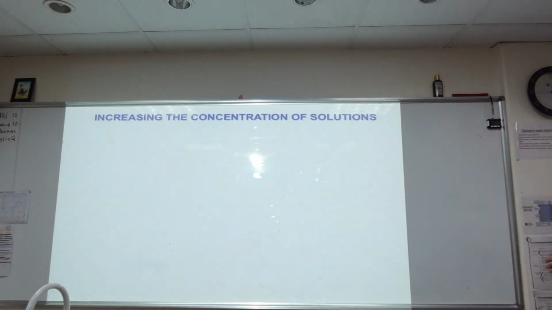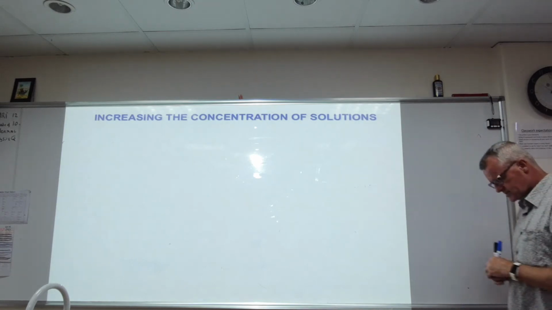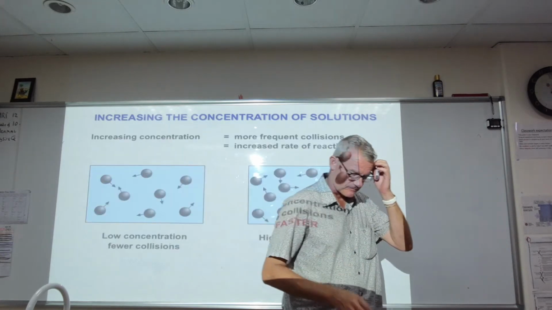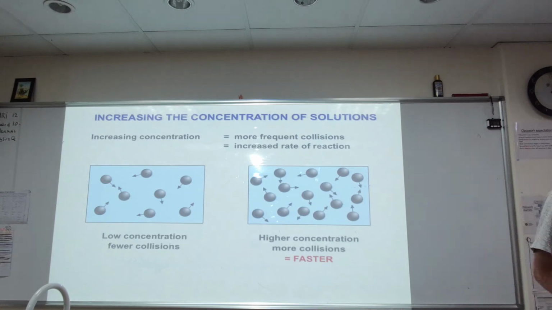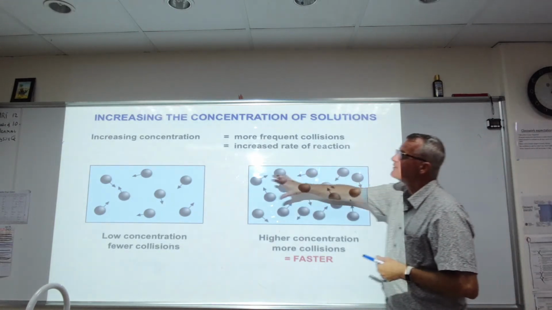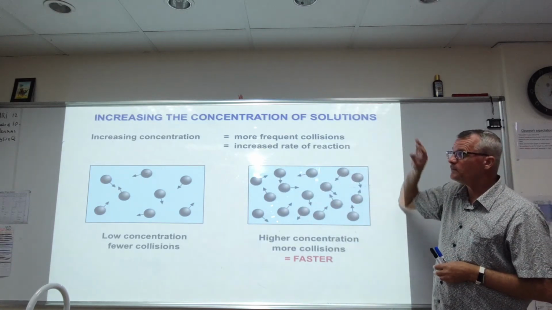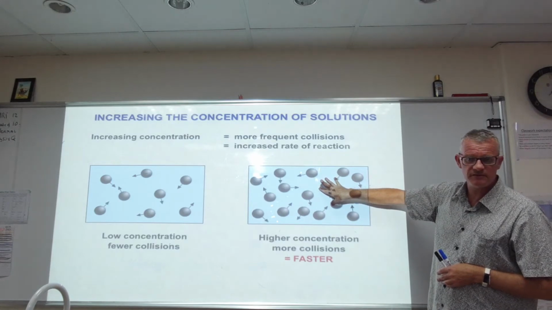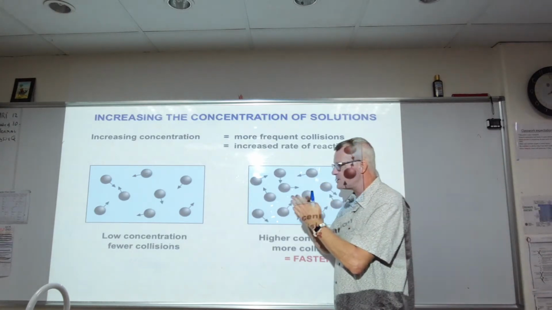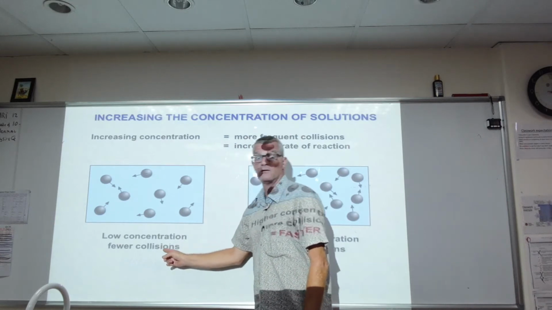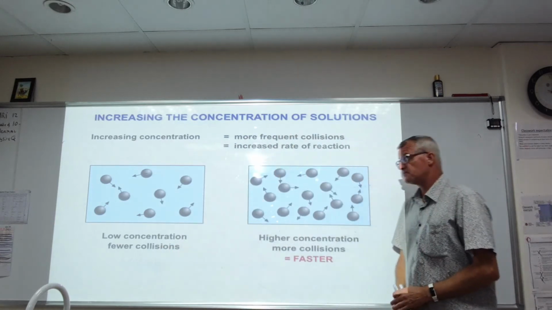How does the increase of the concentration of solution affect the rate of reaction? Okay. Now, what will happen if we increase the concentration? We have more particles in a certain amount of volume. When we have more particles in a certain amount of volume, we have more collisions. So when we have a low concentration, we have a low collision rate.